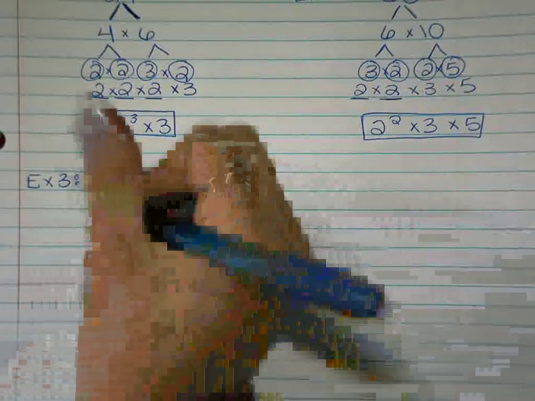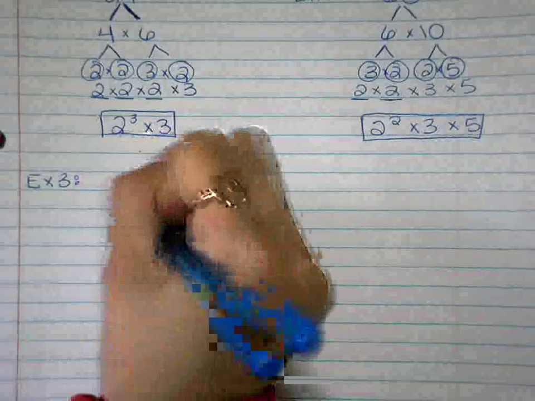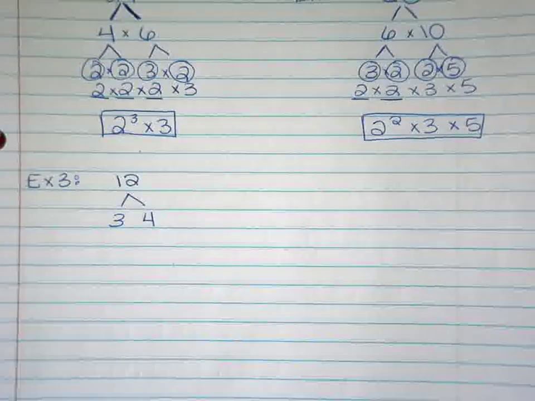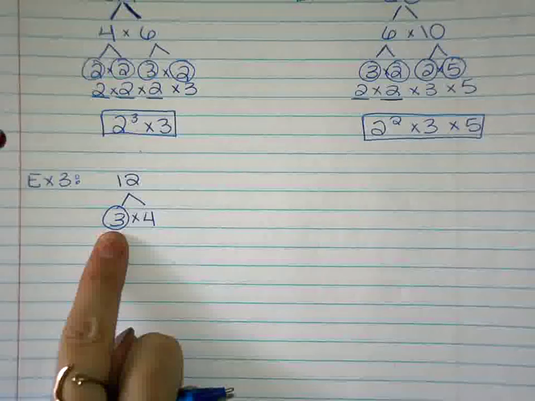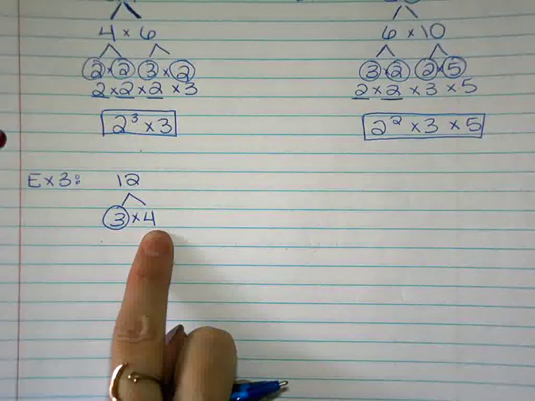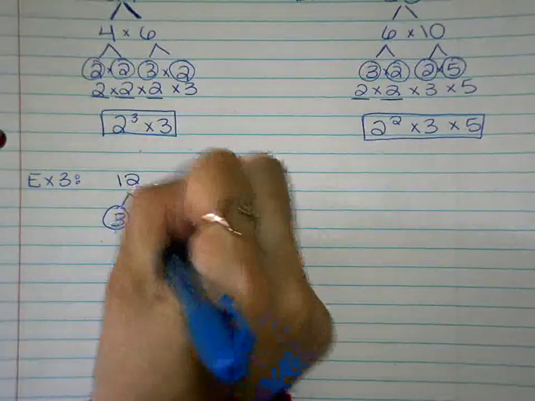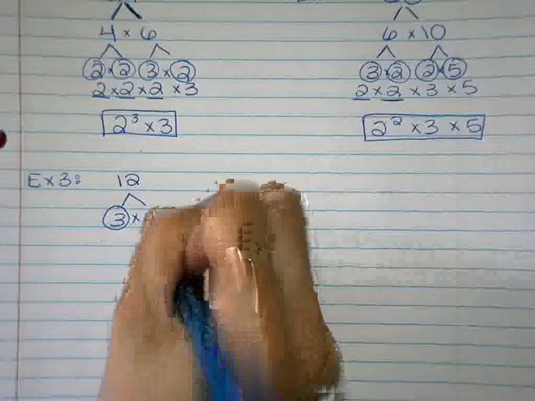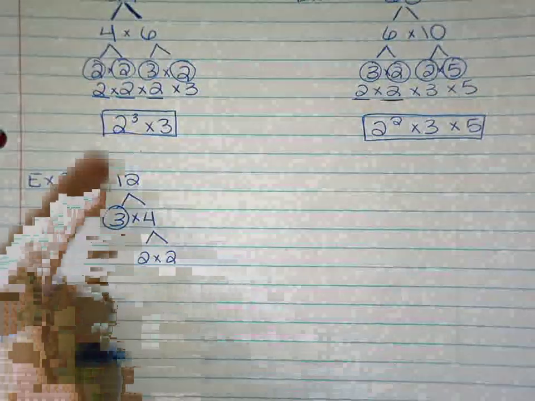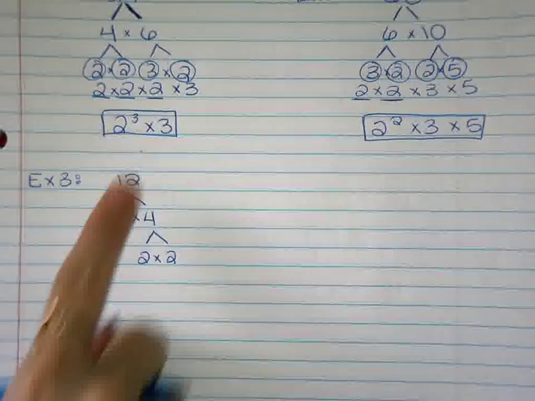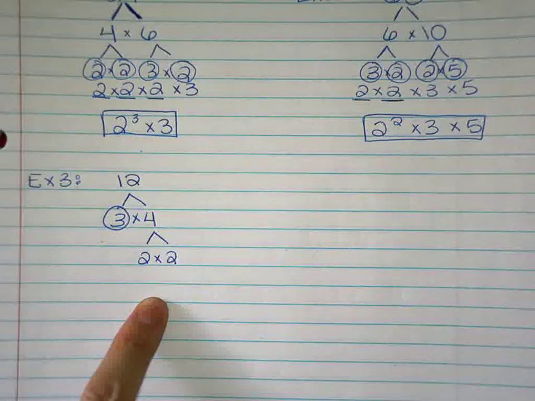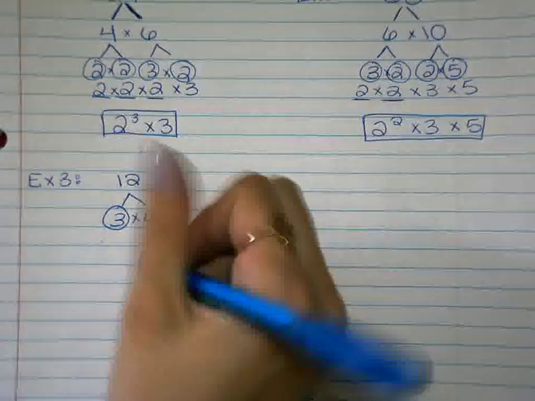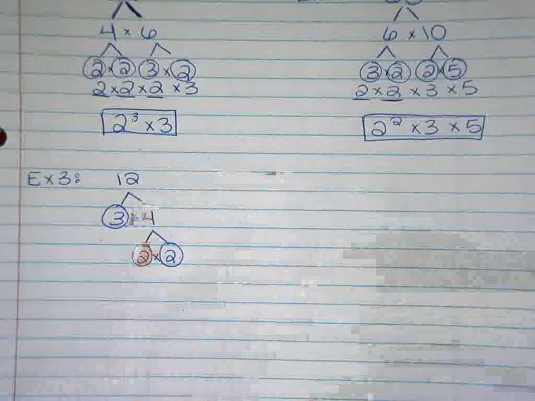Well, the first one that pops into my head is 3 times 4 is 12. 3 is a prime number, so I am going to circle it because it is prime. 4 is not prime, so I have to keep going, and that is 2 times 2. So it is okay that one part of your tree stops and the other part keeps going. There is nothing wrong with that at all. And then I have a 2 and a 2.